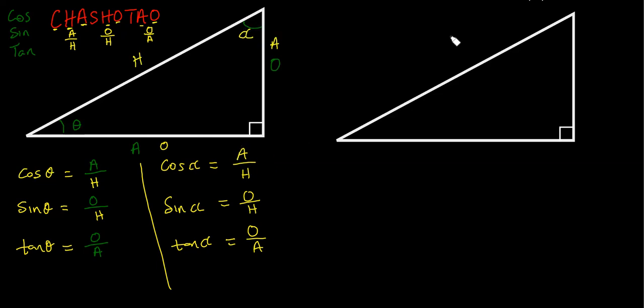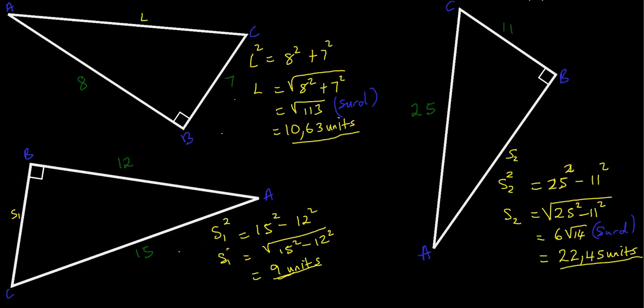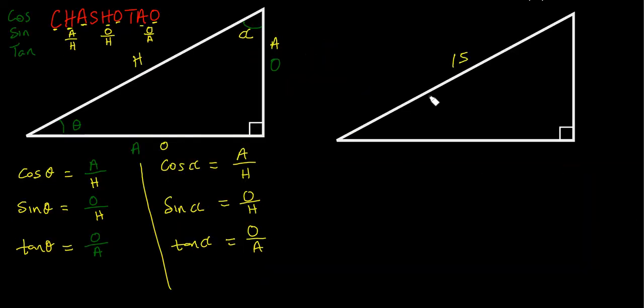Okay, now let's say you're given values here. You are given maybe, let's say, 15, 12, and 9. Now, with this, you can actually simply get what we want here.